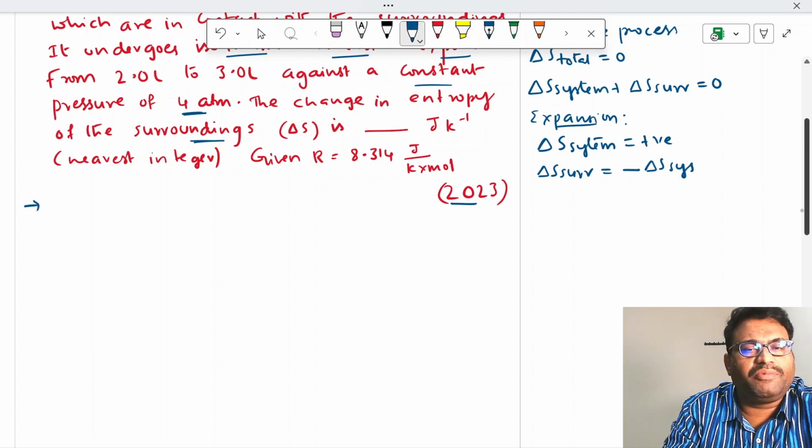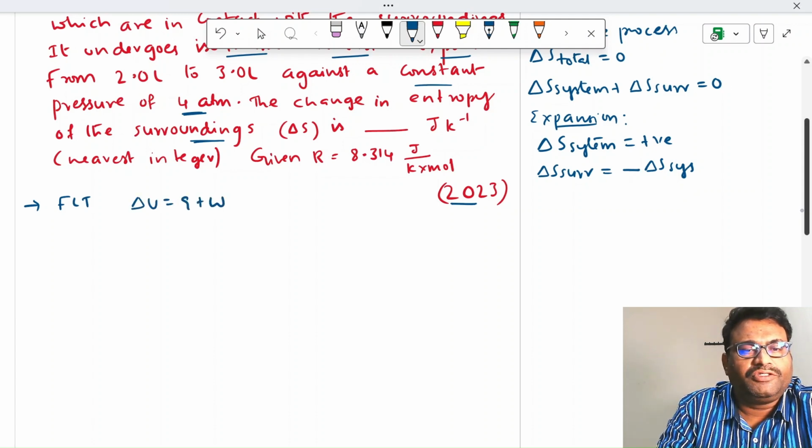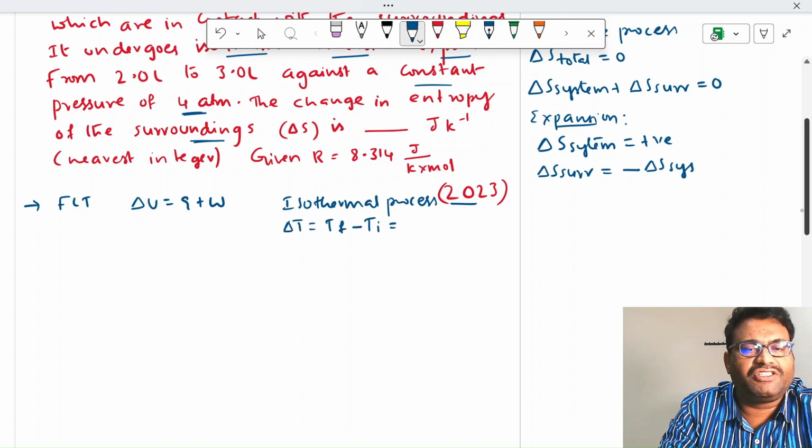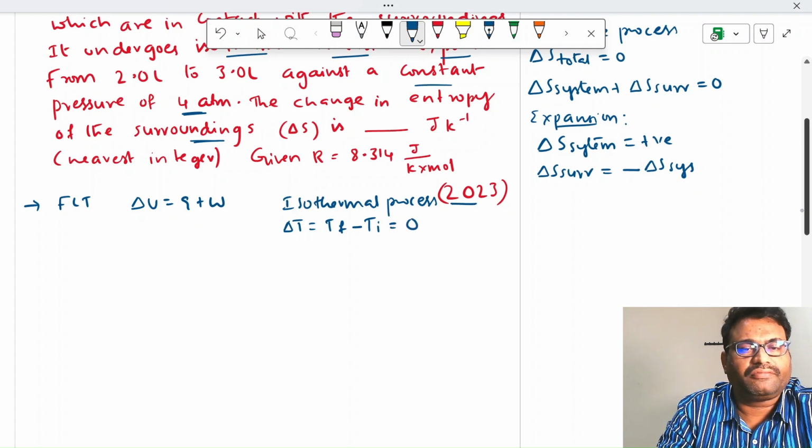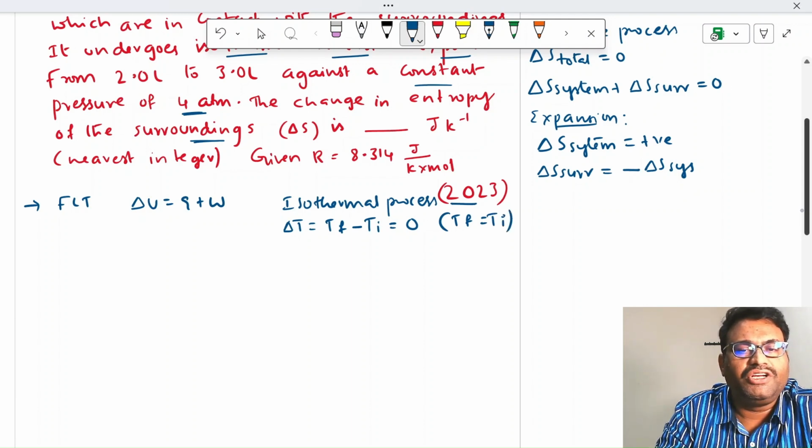From the first law of thermodynamics, we know the formula delta U is equal to Q plus W. This process is happening at a constant temperature, so this is an isothermal process. In an isothermal process, delta T, which is T final minus T initial, is equal to 0, because the final temperature is equal to the initial temperature.